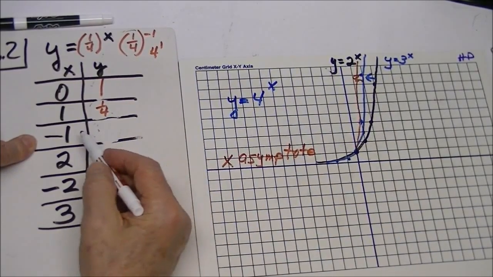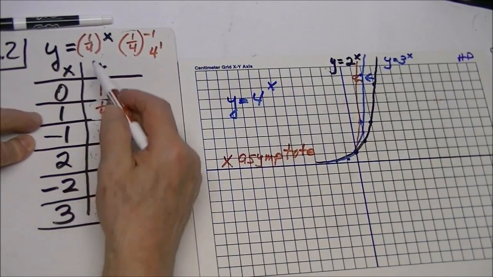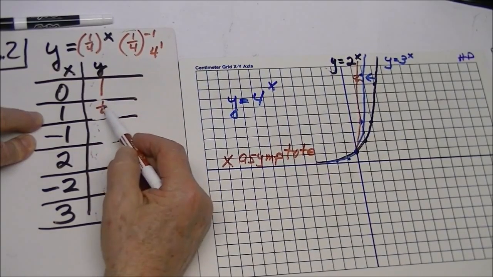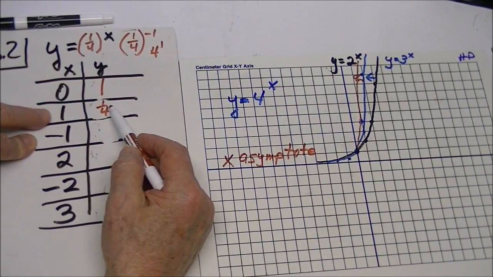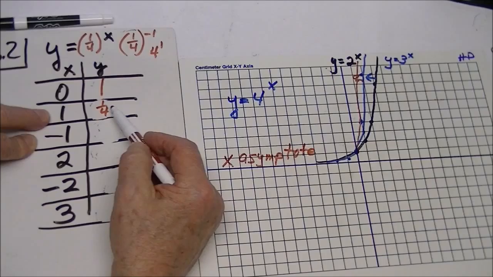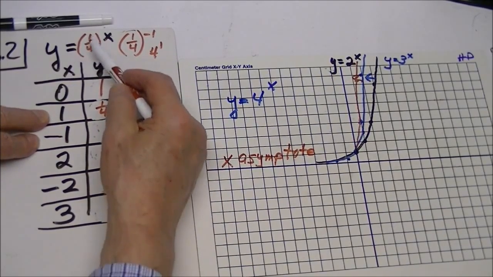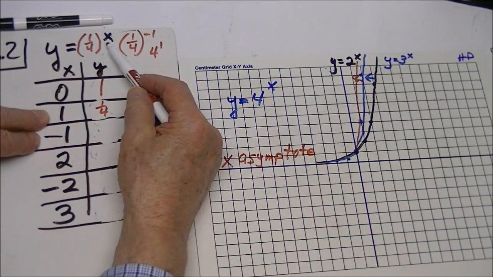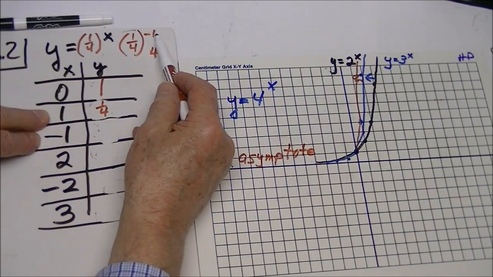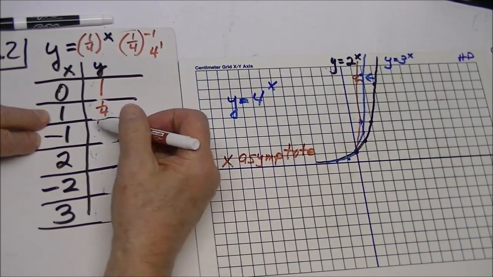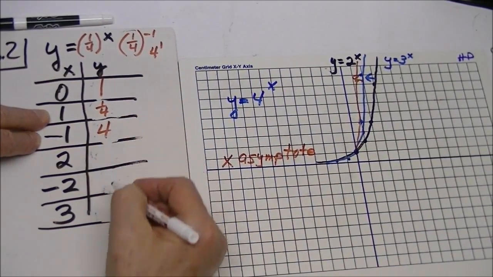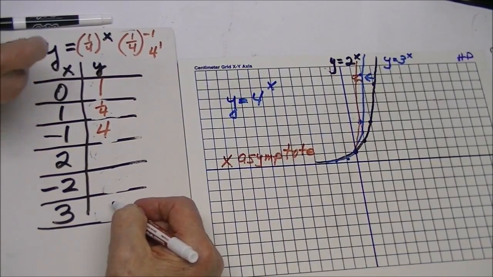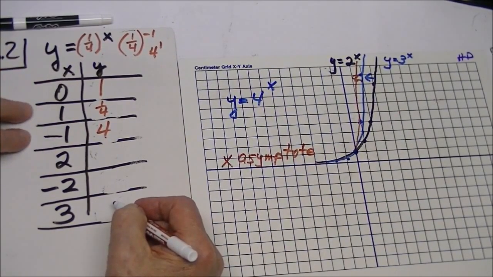So in a sense, if we have 1/4 to the first power, we got 1/4. But if it's 1/4 to the negative 1 power, we just take the reciprocal. So this is going to be 4 now. Before it was the other way, now it's this way.